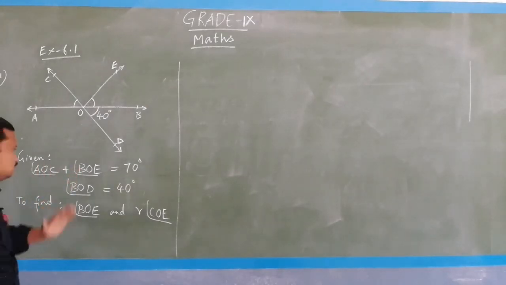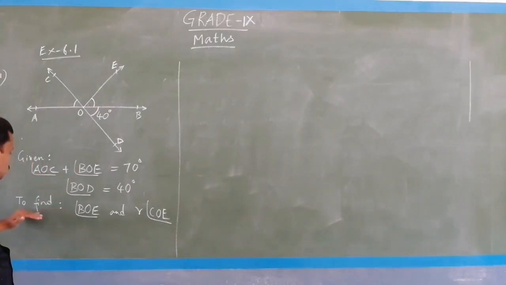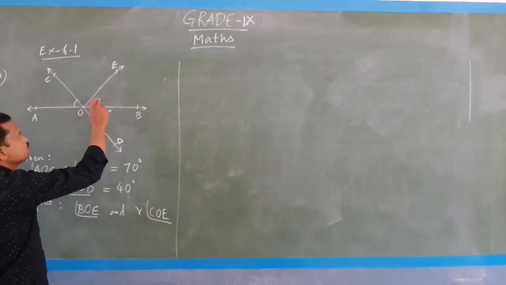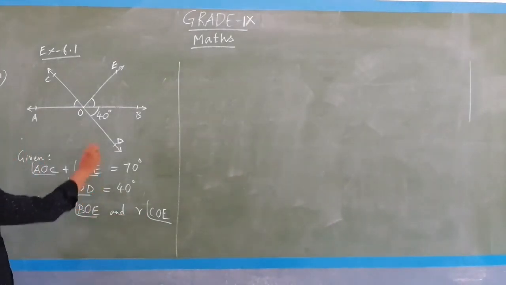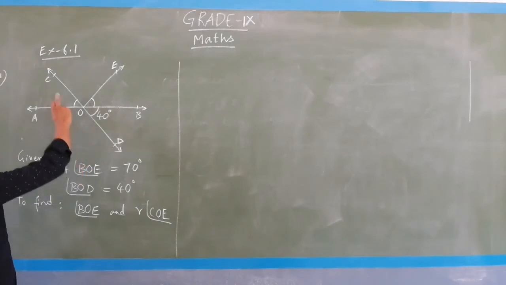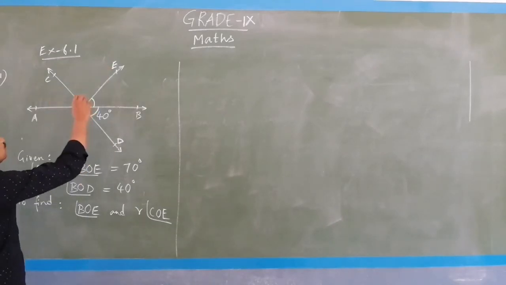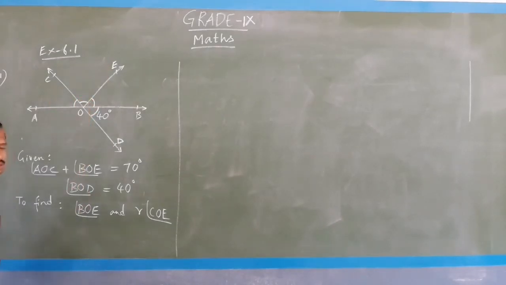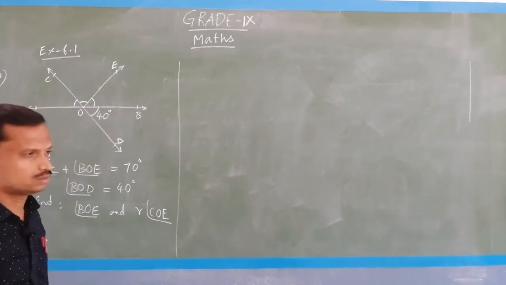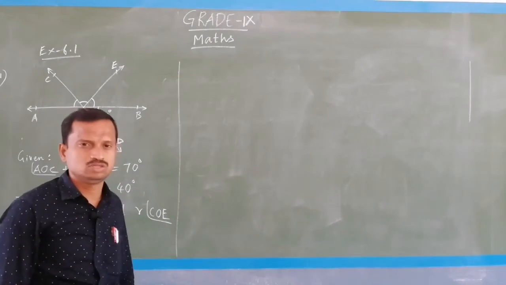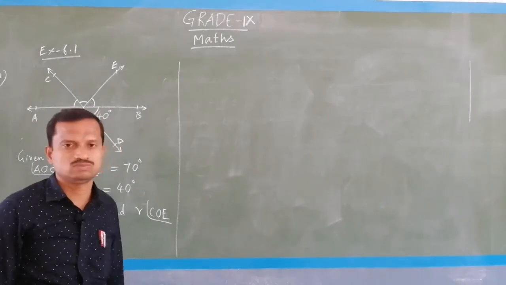To find angle BOE, this angle, they are asking, okay, and the reflex of COE. Reflex of COE means what? First of all, we have to find COE, this angle, and then we find the reflex of COE by subtracting, 360 minus COE.